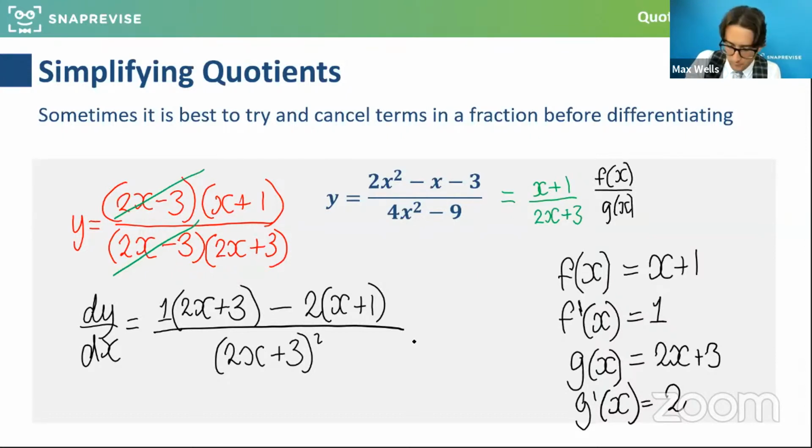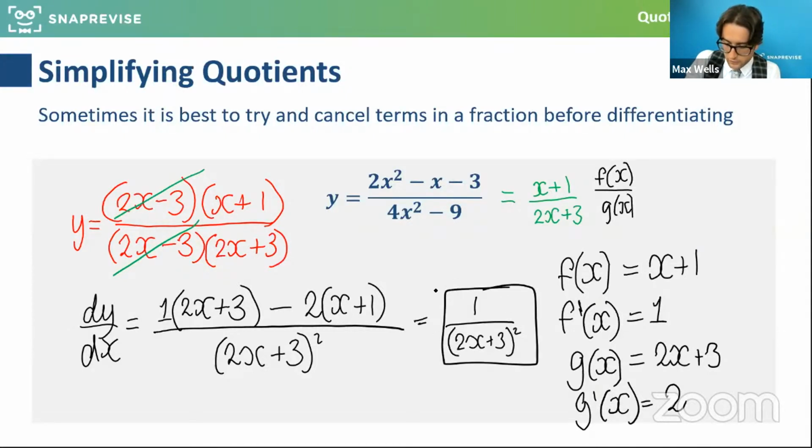And so what we end up with is 2x plus 3 minus 2x plus 2, so we end up with 1 over 2x plus 3 squared. And that's it, all differentiated.